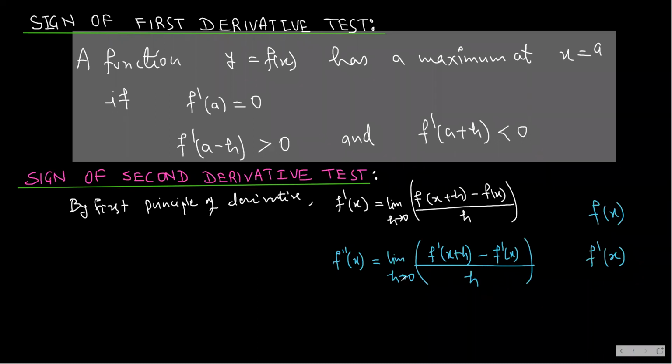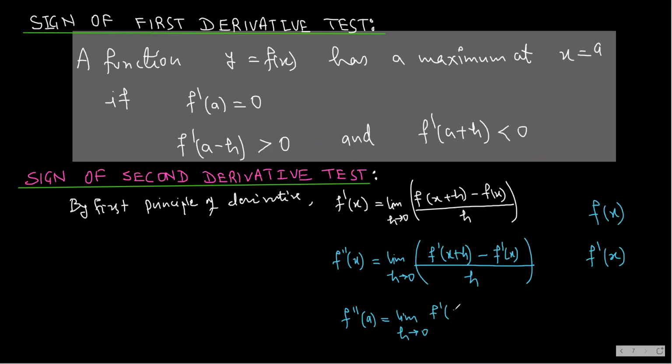And if you want this f double dash x at x equals a, suppose you want it at x equals a, then you substitute x equals a. So f double dash a would be limit h tends to 0. You are substituting x equals a.